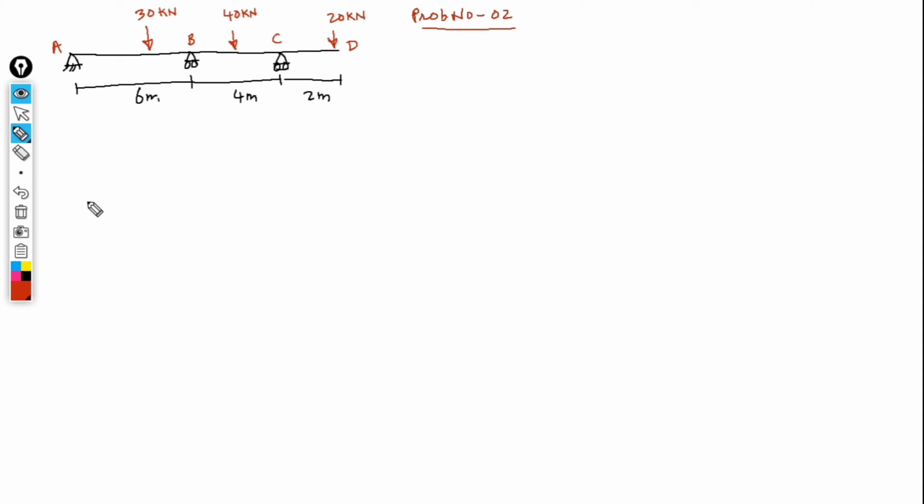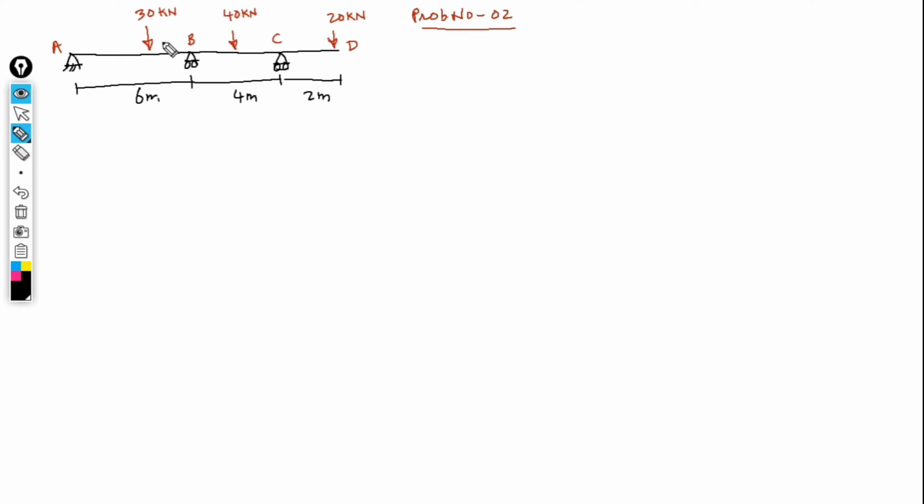I told you the very first step in three-moment equation is to assume the continuous beam as a series of simply supported beams, and then we have to draw the free bending moment diagram. So AB is assumed as simply supported beam, BC is also assumed as simply supported beam. AB is applied with eccentric point load.